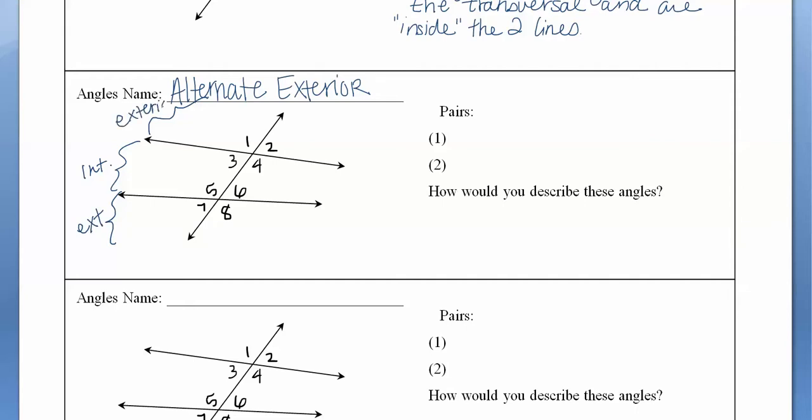So we need to look at angles that are on the exterior. But again, we're alternating. So let's see, highlighter, angle 1 is an angle on the outside, and if we ignore all the inside and we go to the opposite side of the transversal, we have angle 8. So there's our first pair, angle 1 and angle 8.